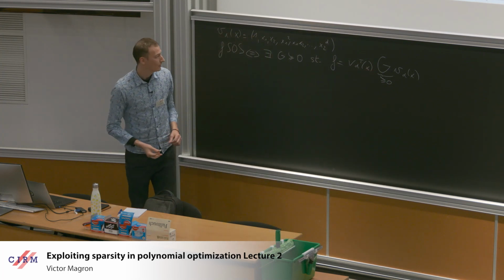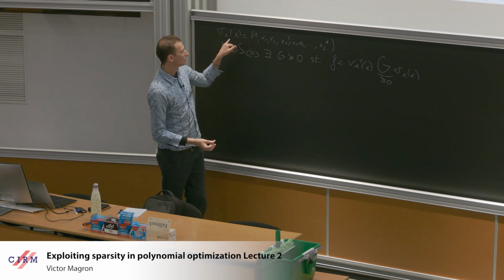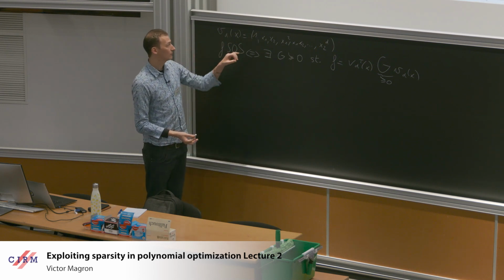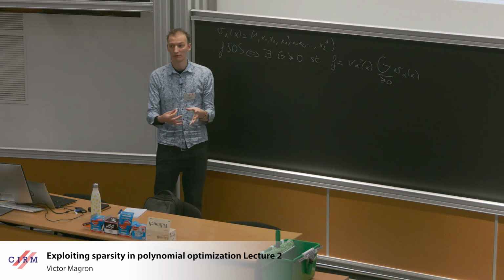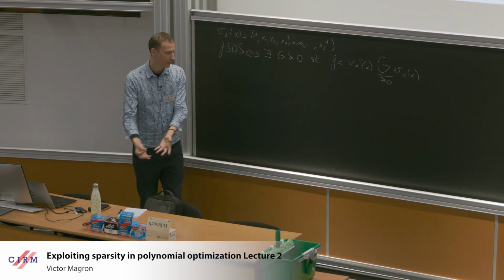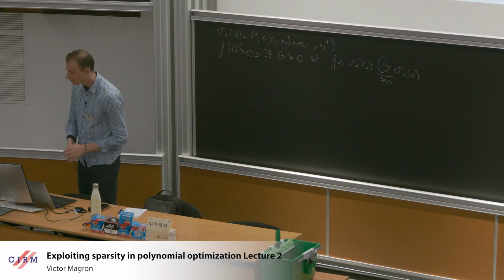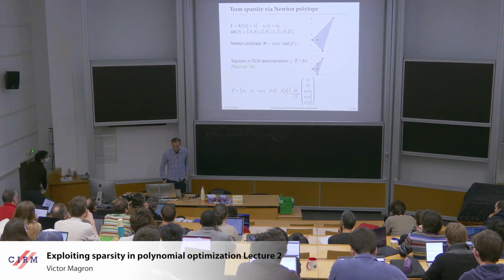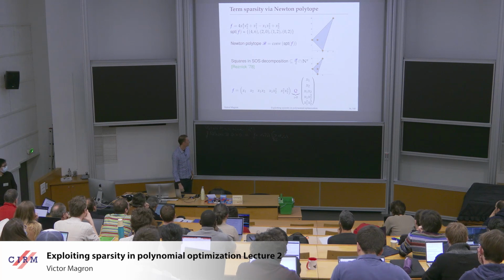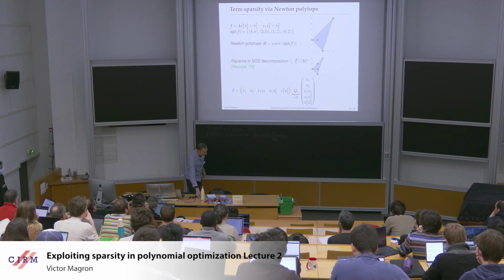But then what you can try in practice is to replace this vector by a smaller vector. And this is exactly what happens here with this Newton polytope trick. So here we have a matrix. Of course, I didn't take the same notation.